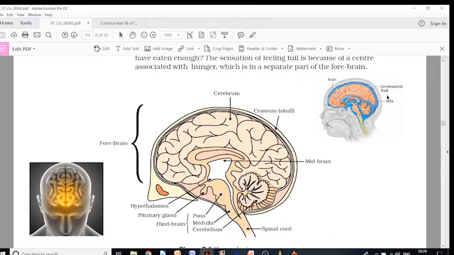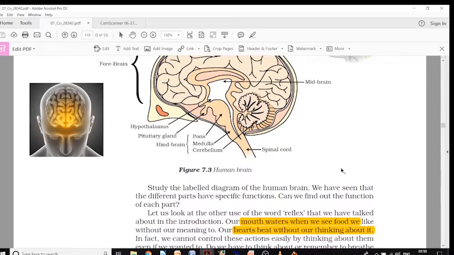This fluid performs a very important function: it absorbs any shock from outside to protect the brain. So first protection is given by the skull so that it is not injured from outside, and the second protection is given by the cerebrospinal fluid, since it is a fluid, it can absorb the shock from outside. So that's it.